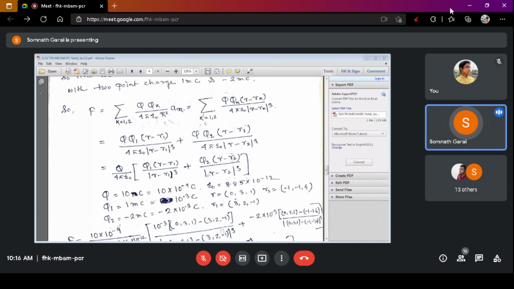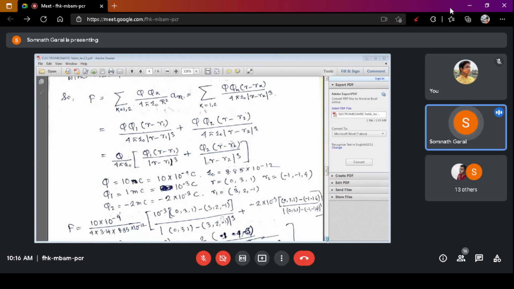So if we expand this summation, we get Q1 (R minus R1) divided by 4 pi epsilon naught mod of (R minus R1) cubed, plus Q2 (R minus R2) divided by 4 pi epsilon naught mod of (R minus R2) cubed, right?